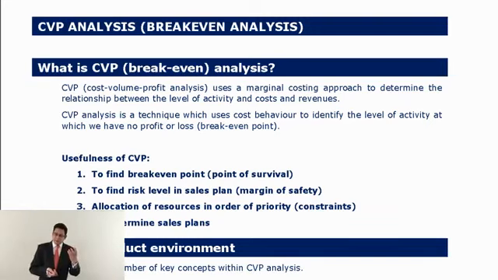Now remember the idea of cost, that costs are of various types. Some costs are variable, some costs are fixed. Now what happens if the variable cost goes up or down? Meaning to say, variable cost in total increases or variable cost in total decreases.